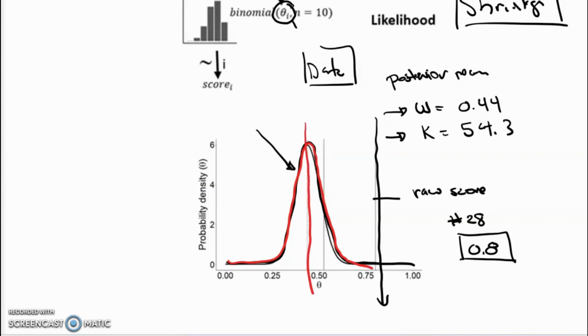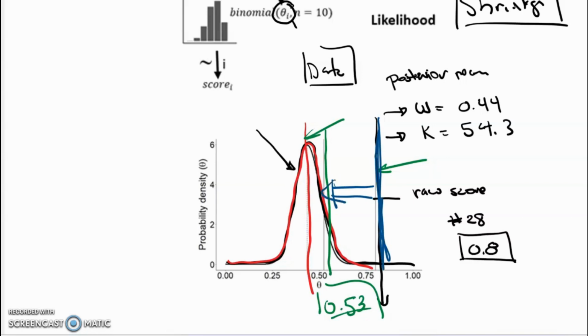So if we think about the posterior, it's going to be a blend of this, and it turns out to be 0.53. So we can see that what's happening is there's shrinkage. There's shrinkage of the raw score here towards the mode of the prior, which is determined by all the data.